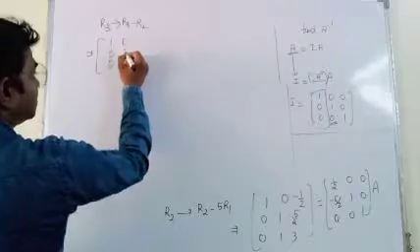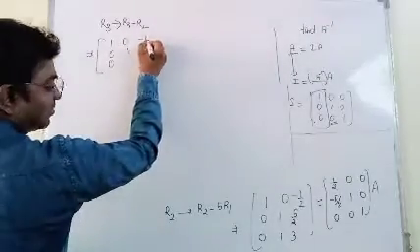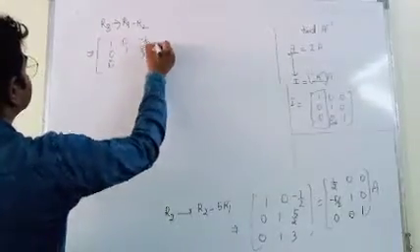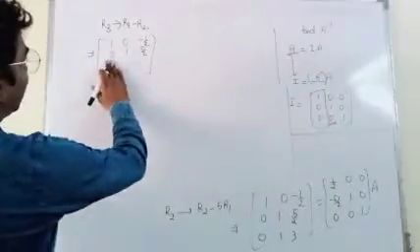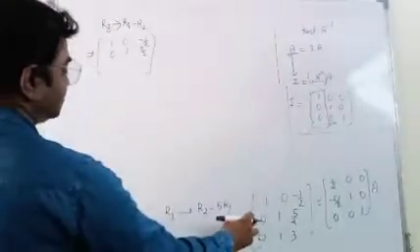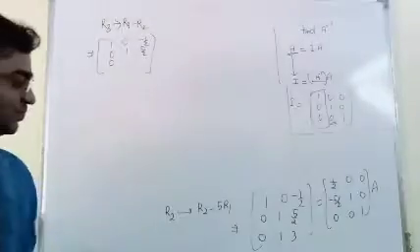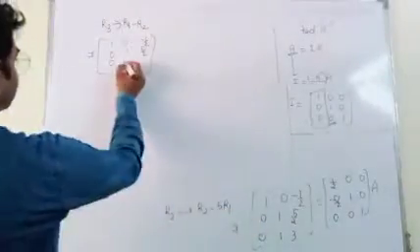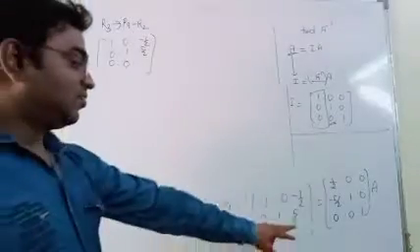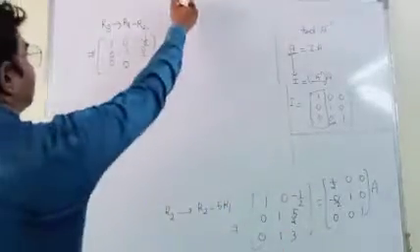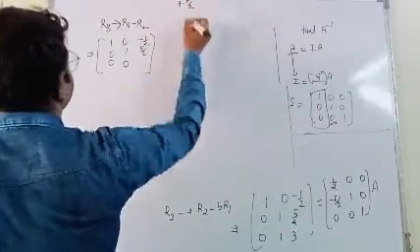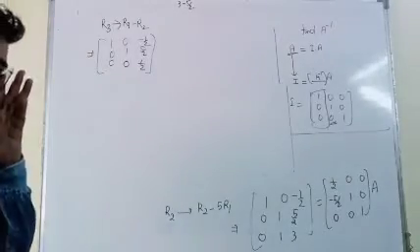So this is 1 0 minus 1/2, 0 1 5/2, and the first row will be the same. Here instead, we do R3 minus R2. R2 is 0, 0 minus 0 becomes 0 only, and 1 minus 1 becomes 0. Here we have to do 3 minus 5/2. 3 minus 5/2 becomes 1 by 2.